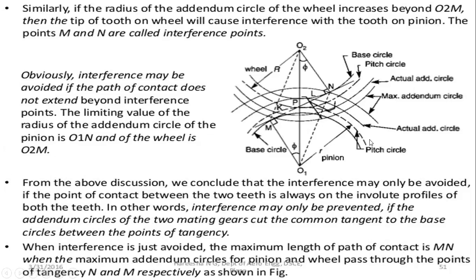Interference may only be prevented if the addendum circles of the two mating gears cut the common tangent to the base circles between the points of tangency. That is, at the points of tangency only, it is going to be removed.